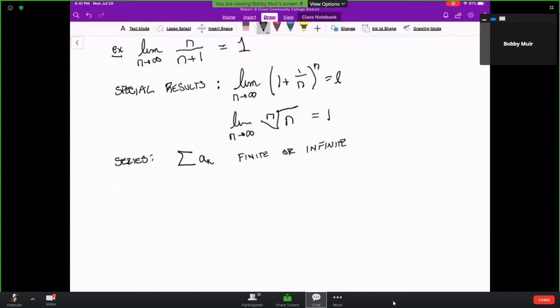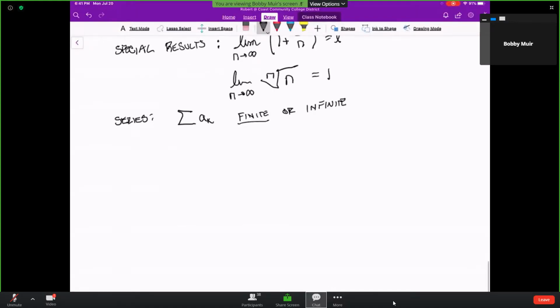We beat the finite case to death with a stick back in pre-calculus. We had our arithmetic sequences and arithmetic series, and we had a geometric result. This infinitely long series might converge or not.